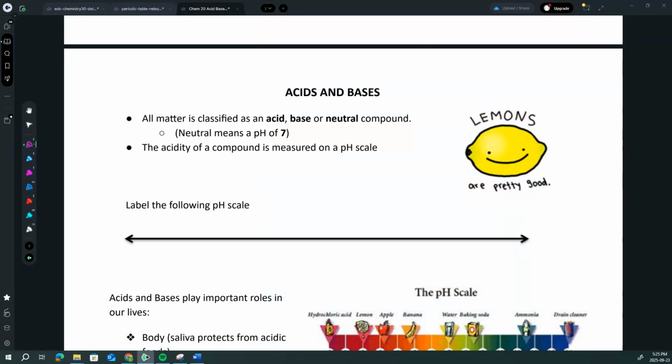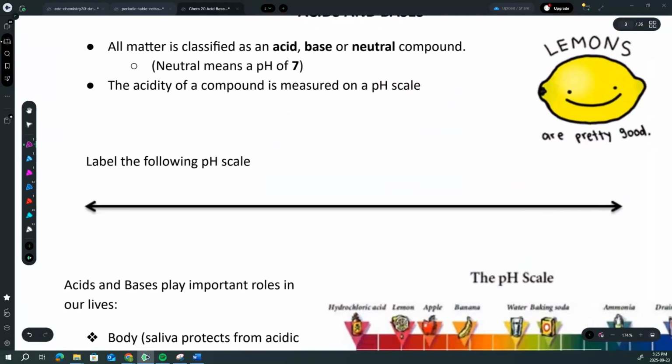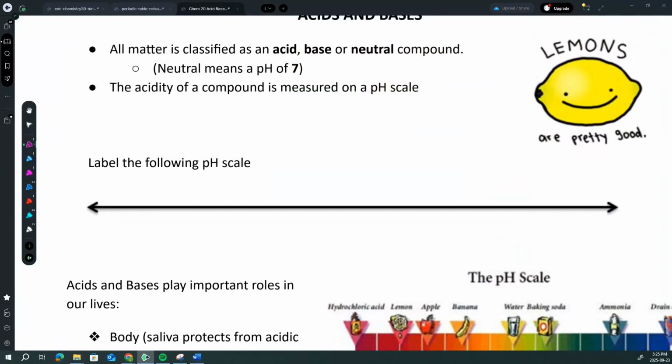Okay, and what the pH scale does is it just measures the acidity of a compound. So on this line right here, this is going to be where our pH scale is. So right in the middle, that's where 7 is going to be, and this is neutral. Now our pH scale goes up all the way to 14.